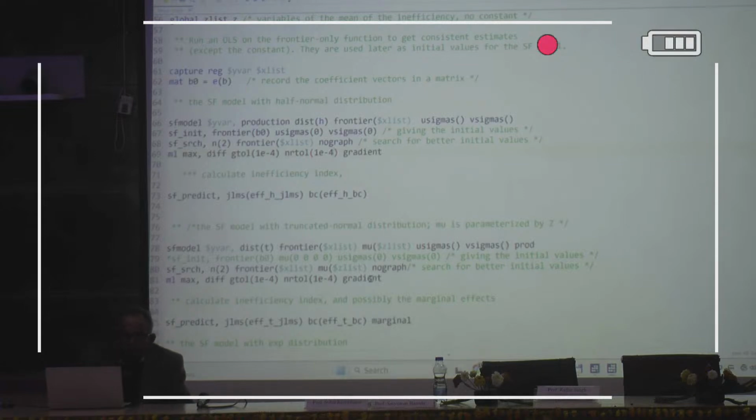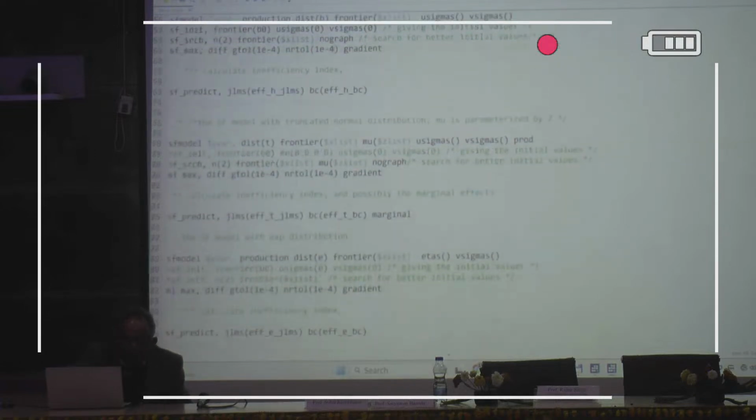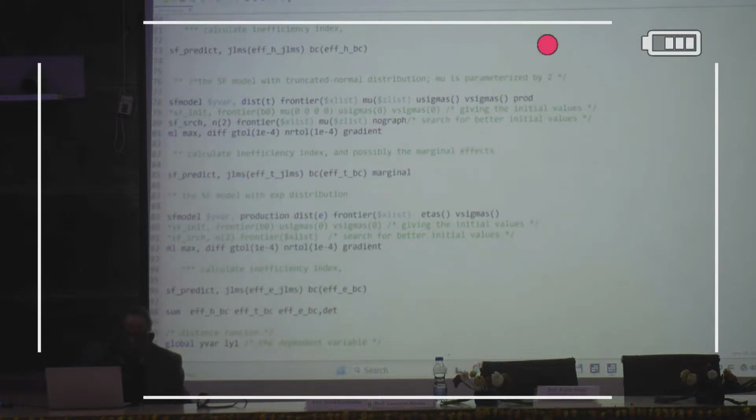So now you can do the same thing, calculate inefficiency or efficiency. Now, predict, the same command as before, and then the GLMS. So this is EFF and see that T, so that I can distinguish the names. There are two names. This is H to indicate that these are inefficiency estimates coming from half normal.